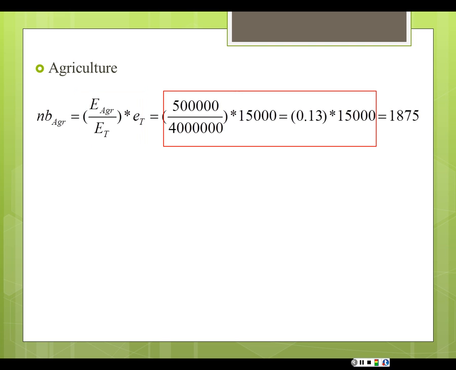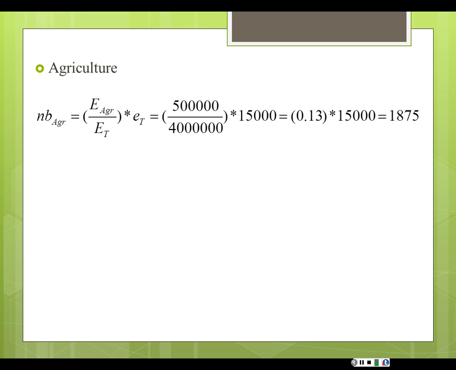And in the country, you have 13% of people working in the agricultural industry. And therefore, to fully satisfy local people's demand out of your 15,000 workers, if you have 13% working in agriculture, you will have the right capacity to fully satisfy local people's demand.